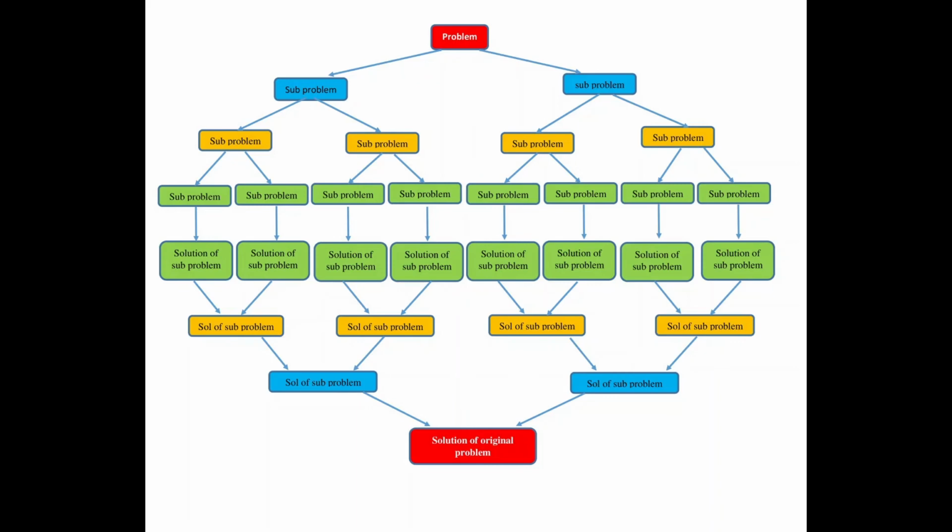We get 4 subproblems of size 2 each. The 4 subproblems are again divided. We get 8 subproblems with size 1. Now the problem is too small. Find the solution of each subproblem and then combine the results.